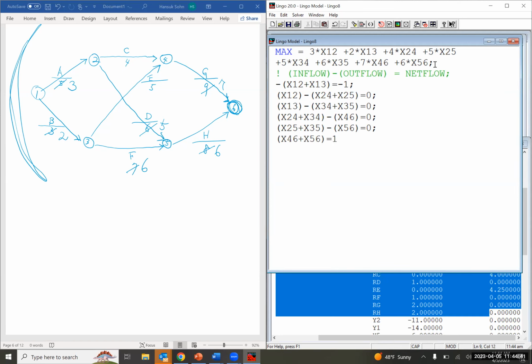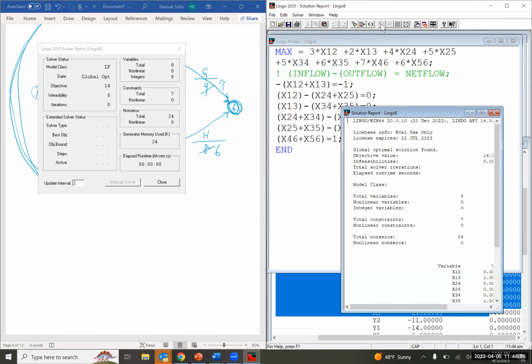And node number 6 is the demand node. So net flow value must be equal to 1. I think that's it, right? Now we got the optimal solution here.